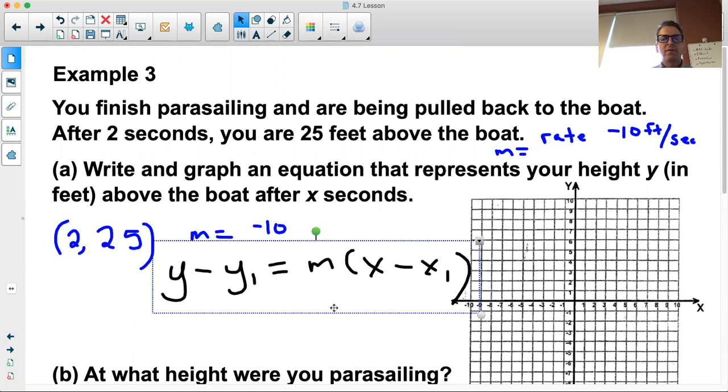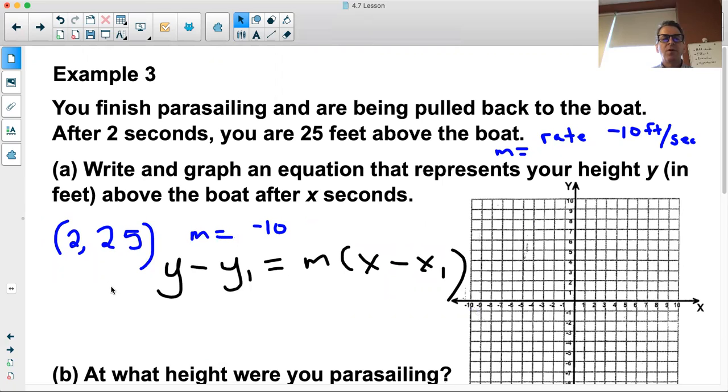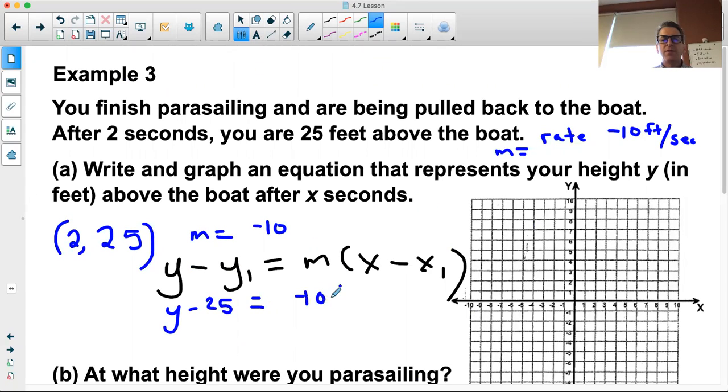So the y1 in this case is 25, the x1 is 2. So y minus 25 is equal to the rate, negative 10, times x minus 2.